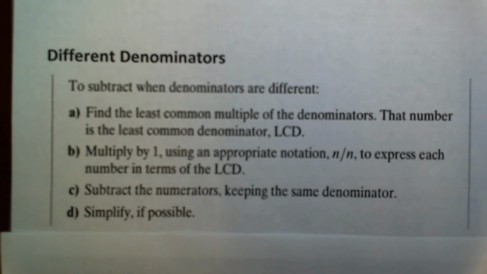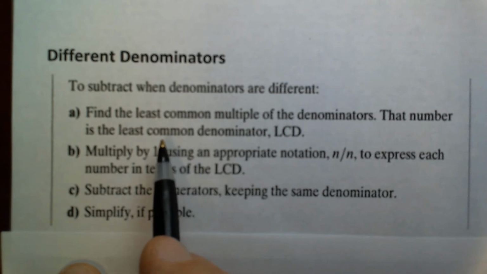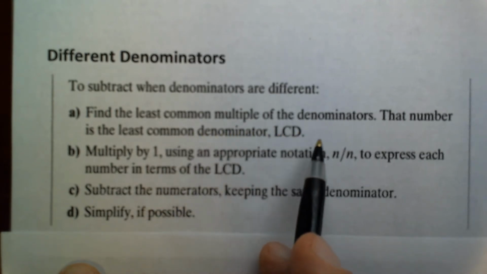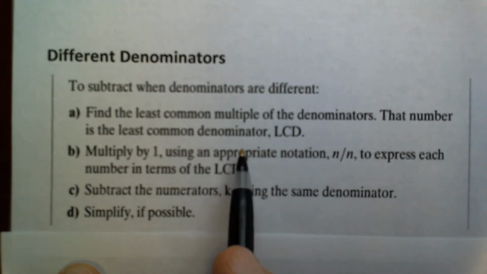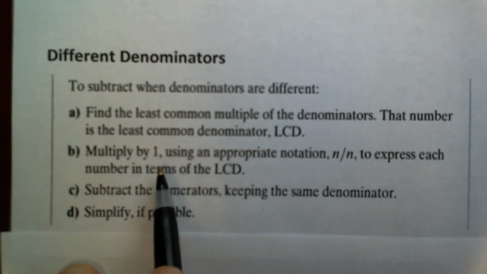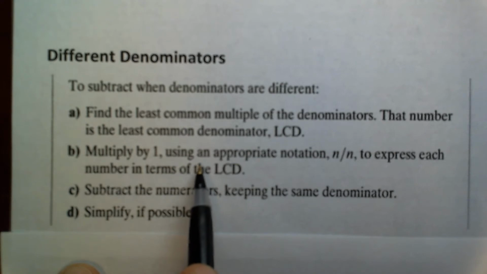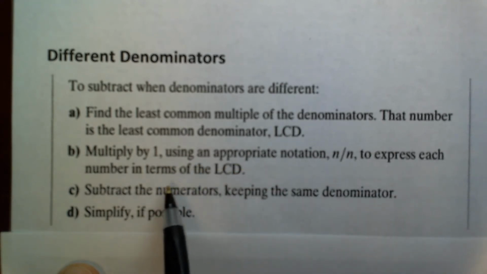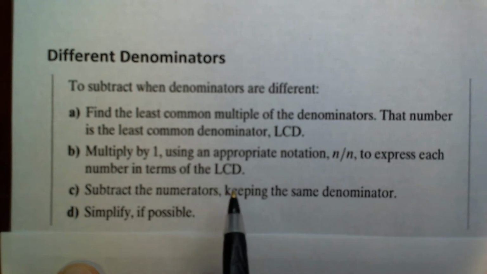So how do we subtract two fractions when the denominators are different? Well, the steps are really the same. We find the least common multiple of the denominators, and again, that number is the least common denominator, the LCD, multiply by 1, using an appropriate notation n divided by n to express each number in terms of the LCD.